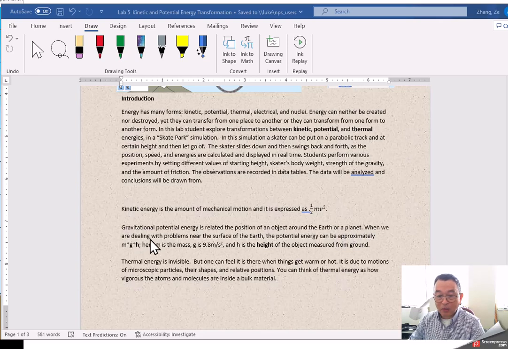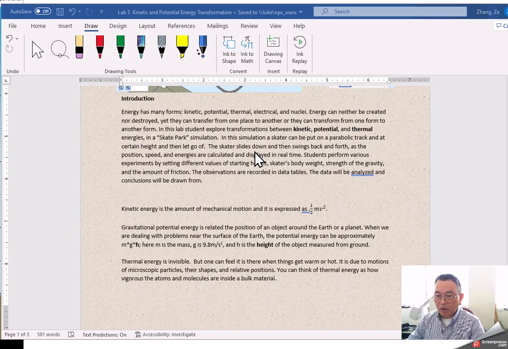When we are dealing with problems near the Earth's surface, the potential energy can be approximately expressed as mass, gravity, h, or simply mgh. Here, m is the mass, g is 9.8, and h is the height, which means the higher the object, the higher its potential energy.